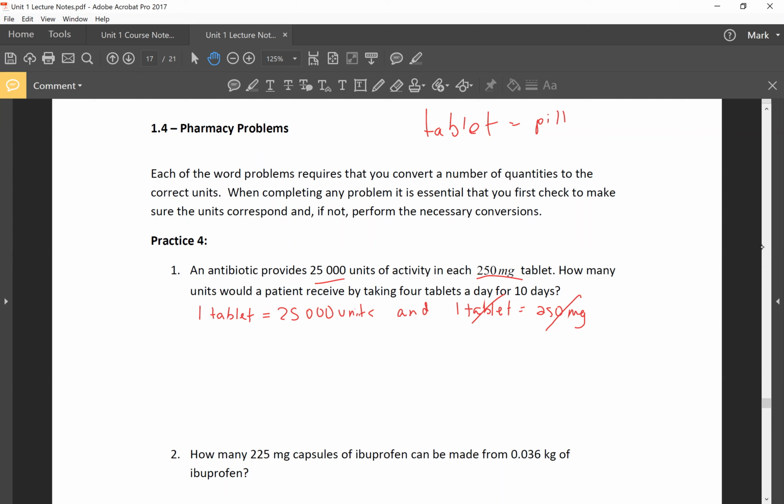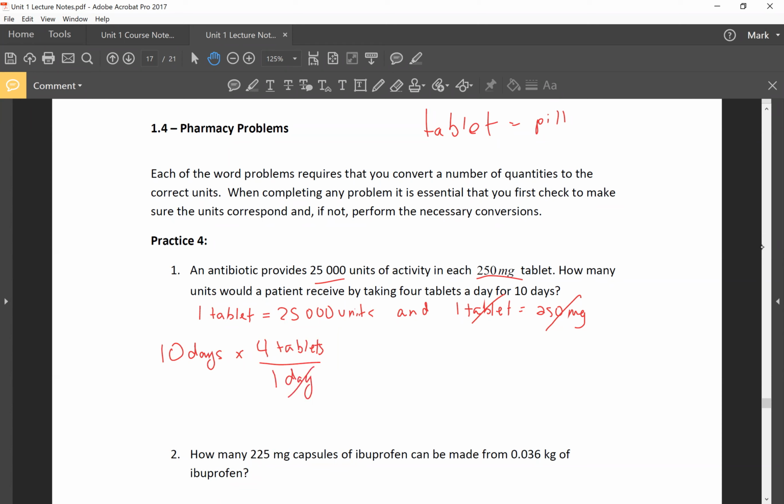And then how many units are in those tablets? So I'm going to use unit conversion here. I know that I'm starting with 10 days. The first thing I want to do is figure out how many tablets they're taking. Well, they're taking 4 tablets every day.